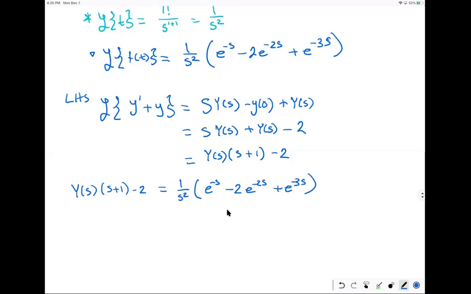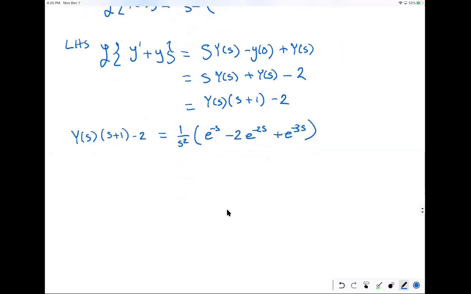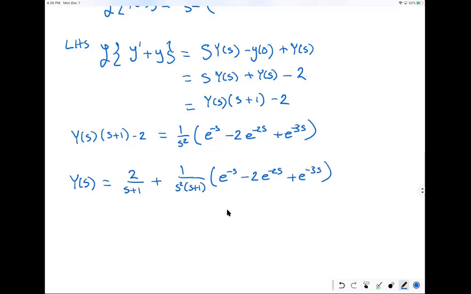Then I add 2 to both sides, then divide by S plus 1 to solve for Y of S. So Y of S equals 2 divided by S plus 1, plus 1 over S squared times S plus 1, multiplied by e to the minus S, minus 2 e to the minus 2s, plus e to the minus 3s. There we go.